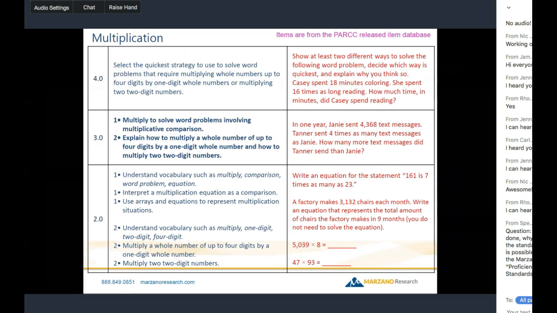If you look at the 2.0 level of the scale, I've just added a column to the right where I'm putting assessment items that correspond to different levels of the scale. So down at the 2.0 level, section 1, I've got some items that test students' ability to interpret a multiplication equation as a comparison and their ability to use arrays and equations to represent multiplication situations.